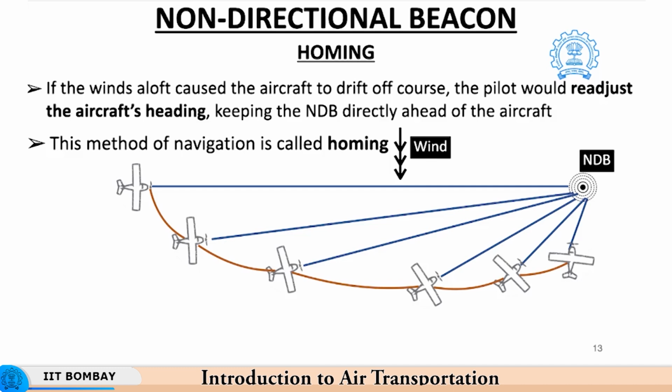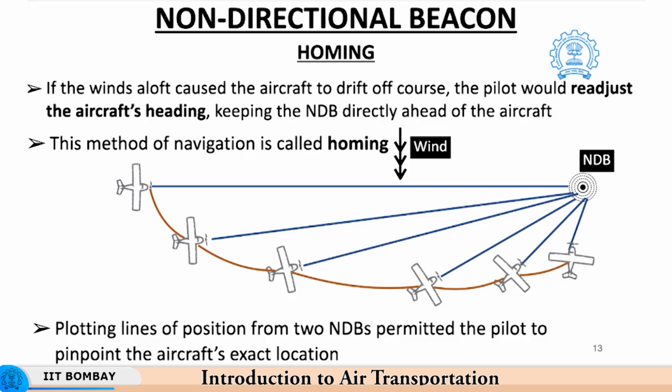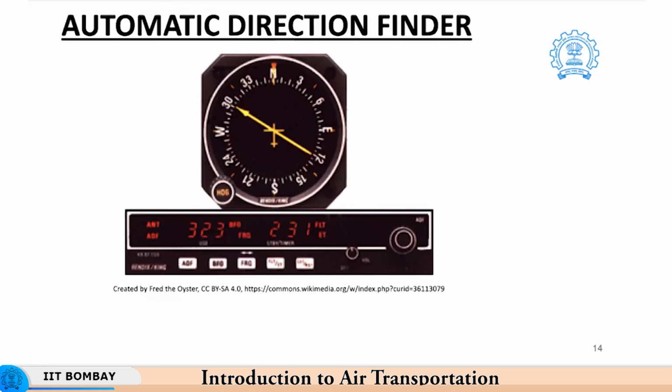This process is called homing and is a very critical part of carrying out navigation in a long duration flight. One more usage of such methods, that is homing, is that if we are able to carry out homing towards two different NDB stations, we can actually establish the exact location of our particular aircraft.